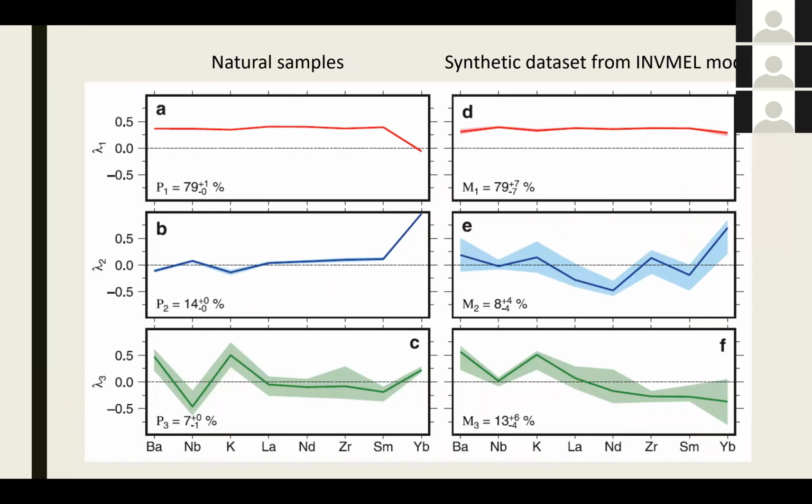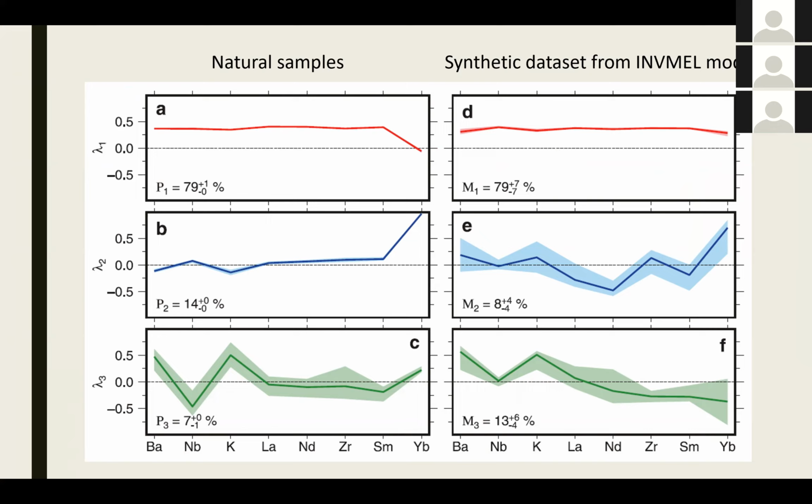And in this slide, they use PCA to analyze their data. The composition of the mantle source region also affects the values of both the La/Sm ratio and the delta velocity.